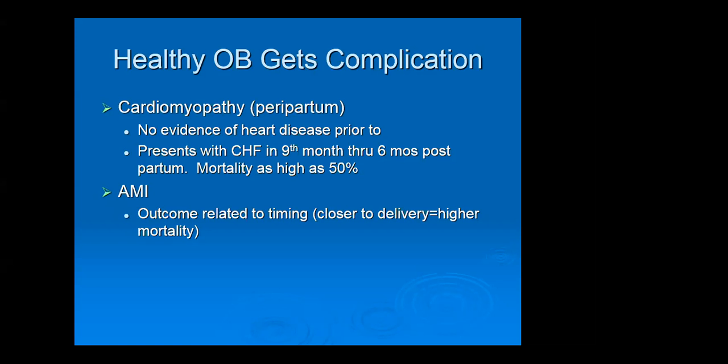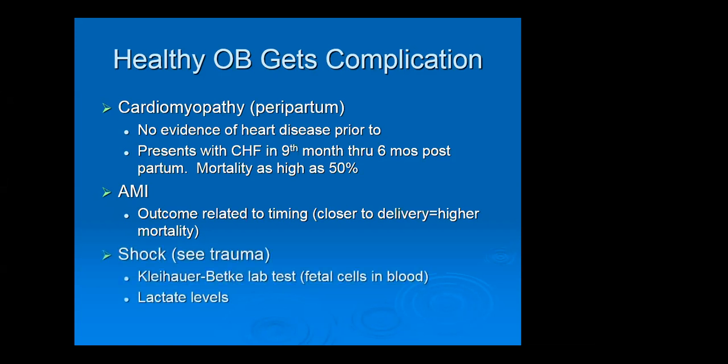AMI outcome again related to timing of when that cardiac event occurs. So it says here, if that cardiac event occurs closer to delivery, there's a higher chance of mortality.